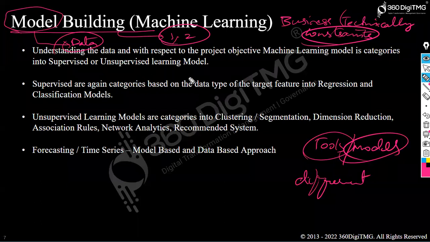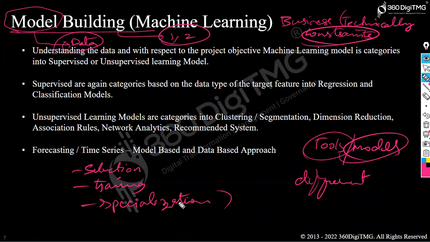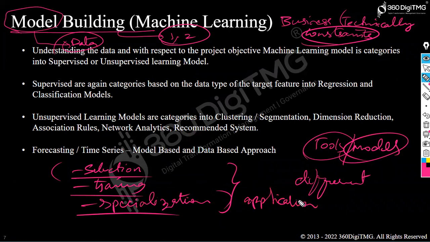So generally, this modeling phase includes the model selection, the model training, the model specialization, and also keeping it conscious depending on the application that we are working on.